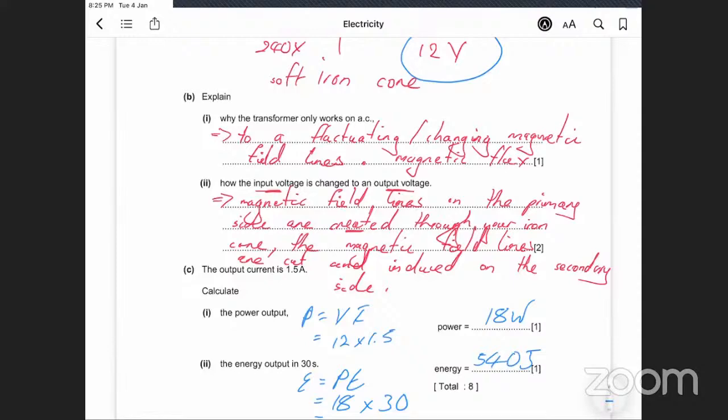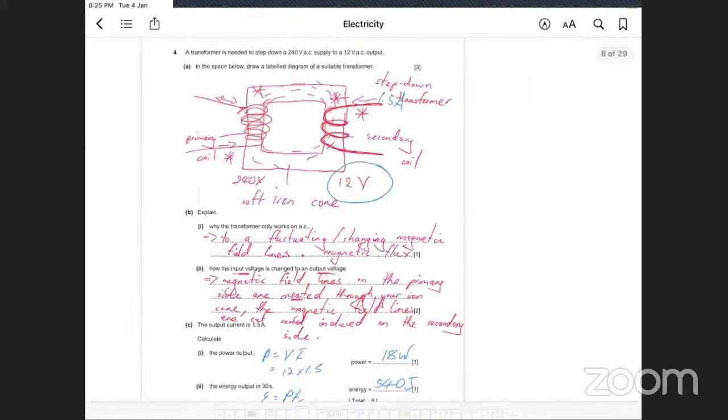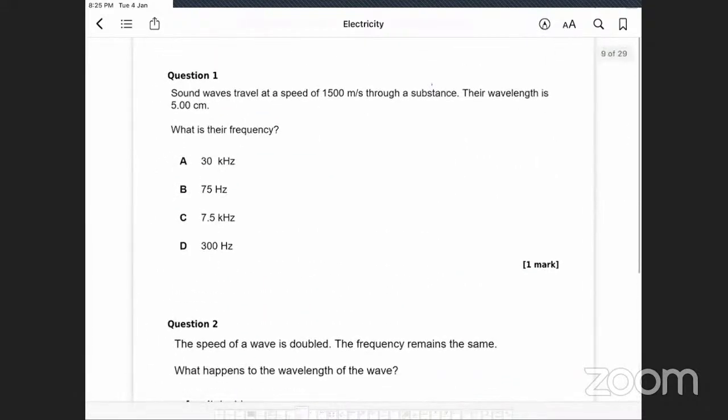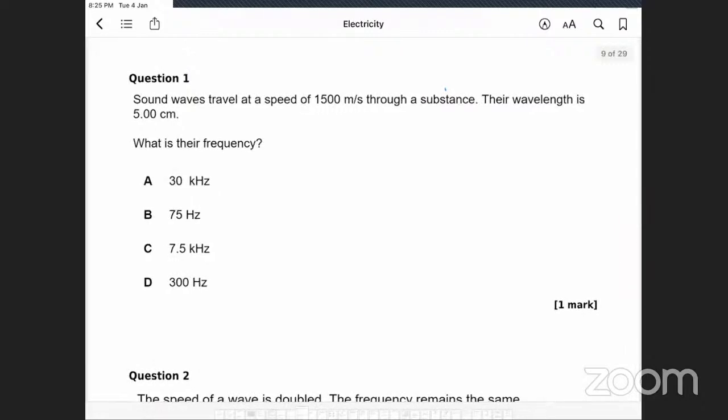All right, since we're done with those questions, we can move on to the next part, which is waves. I think we've covered quite a bit of questions on that before we broke for the Christmas holiday. There are some questions we looked at together to do with calculating wave speed and frequency.